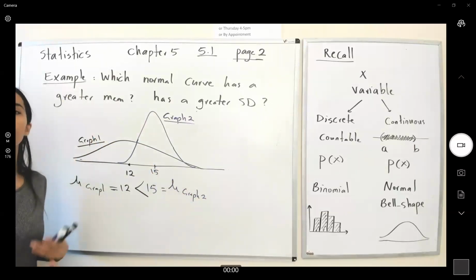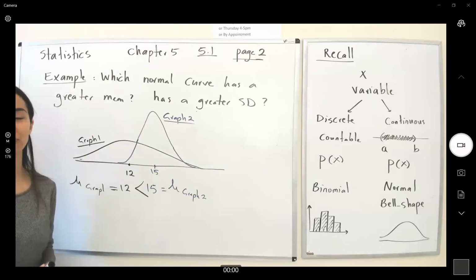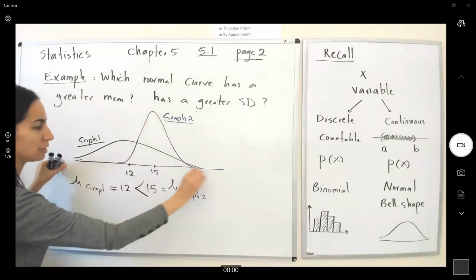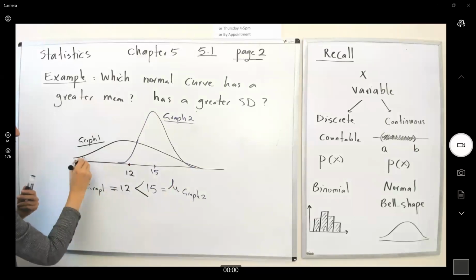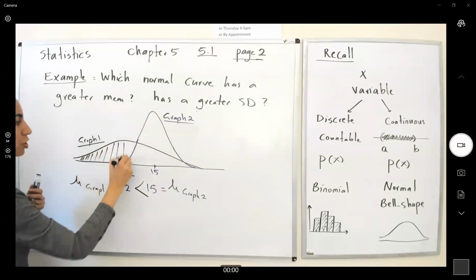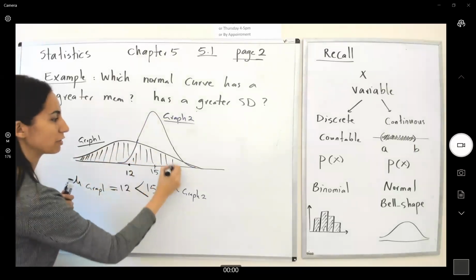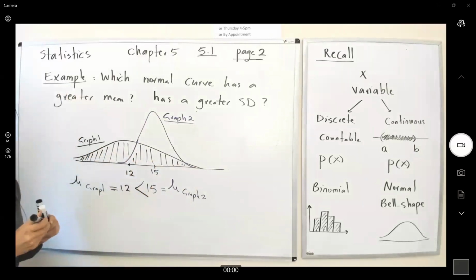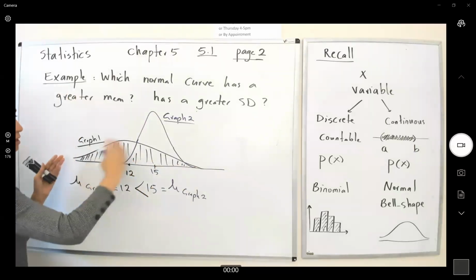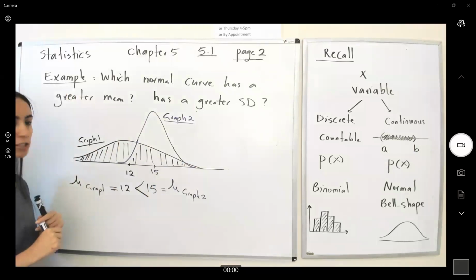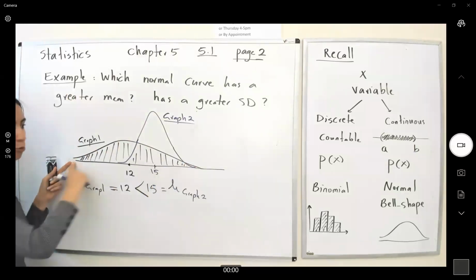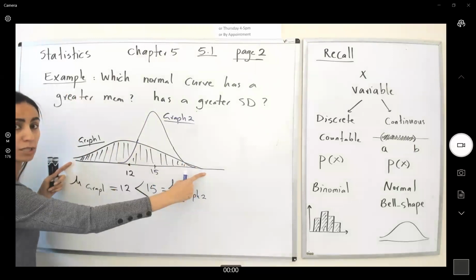Or how about the variability? Which one is more spread out? The variability of the first graph is much higher than the variability of the second graph. So take a look at the area below the first graph. It starts from this point and it extends to this point.